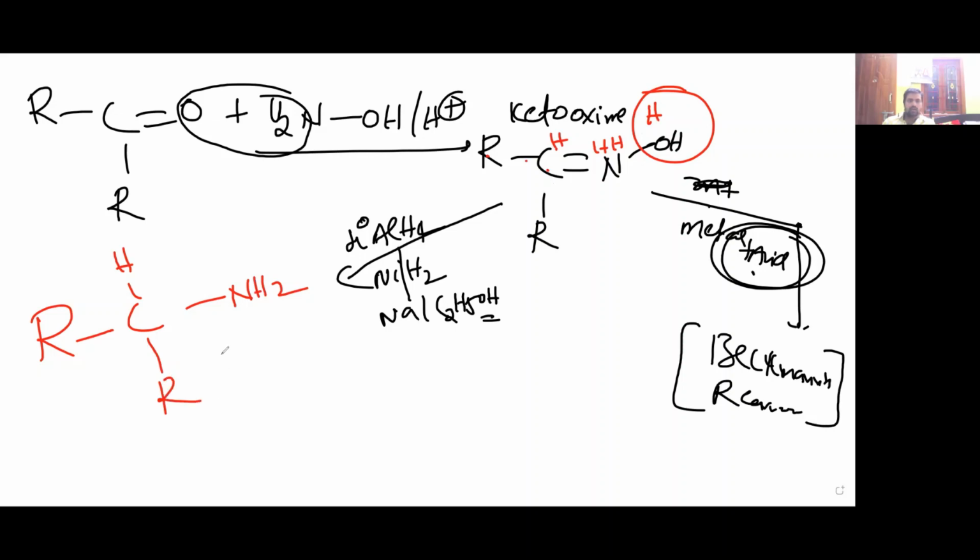This is also a primary amine. Don't think it is a secondary amine, because the nitrogen is connected to only one carbon atom. If nitrogen is connected to one carbon atom, it is called a primary amine. So the ketoxime is converted to a primary amine.